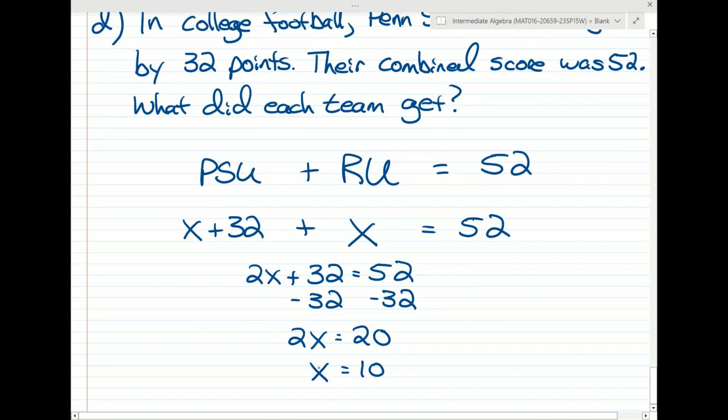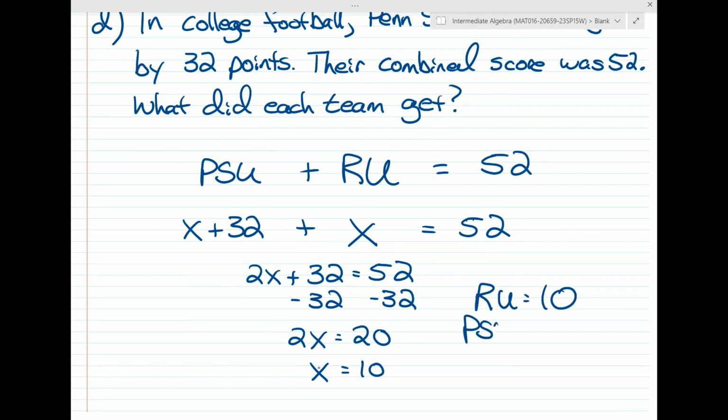It looks like X would just be 10. And remember, X was what Rutgers got, right? So Rutgers got 10 points and Penn State got 10 plus 32, which is 42. Together, that adds up to 52.